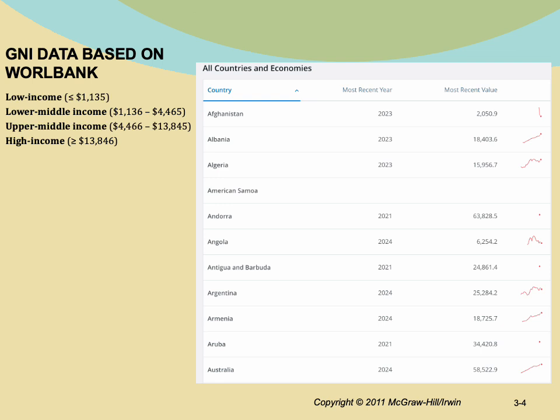This classification serves as a benchmark for comparing countries' stages of economic development.